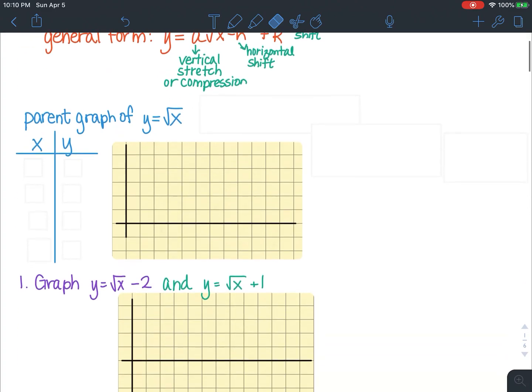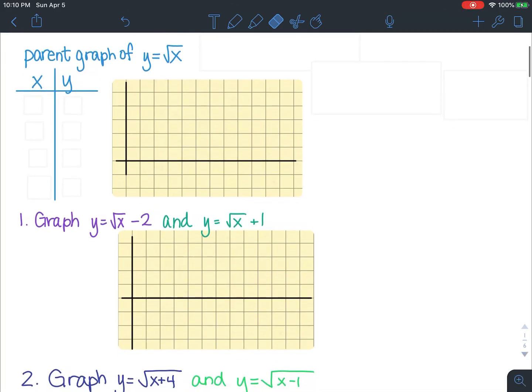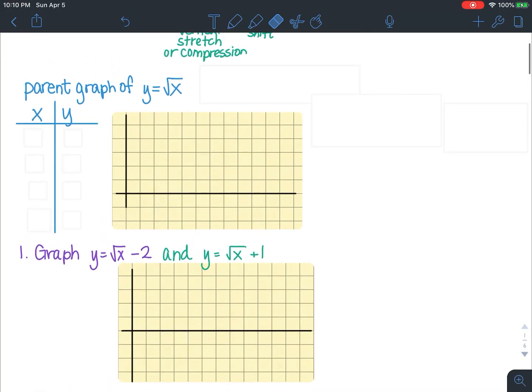Okay, so let's talk about just the general parent y equals the square root of x. So here are the 4 points that you need to have on your square root of x graph. When x is 0, of course if you put in 0, you get y is 0. If x is 1, y is 1. Now you might be thinking x is 2, but the square root of 2 is not a number I feel like dealing with.